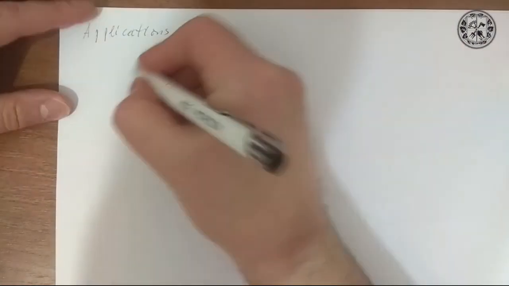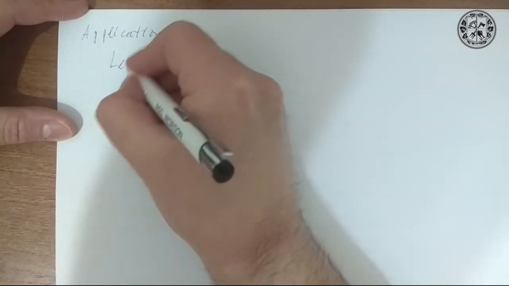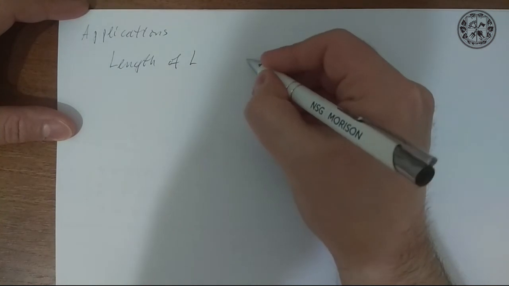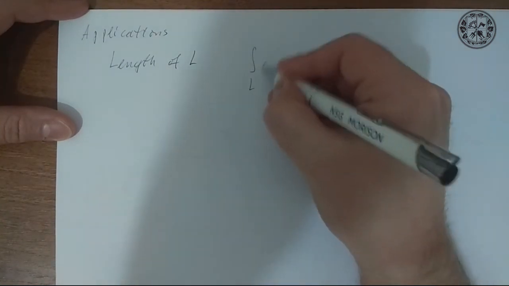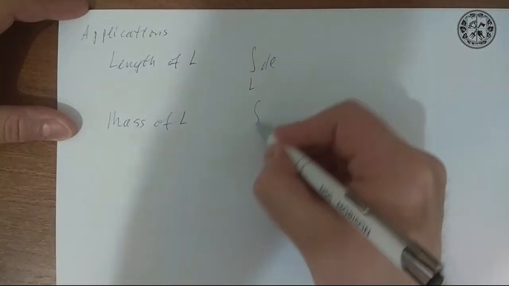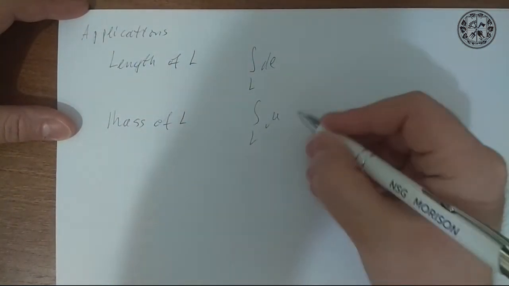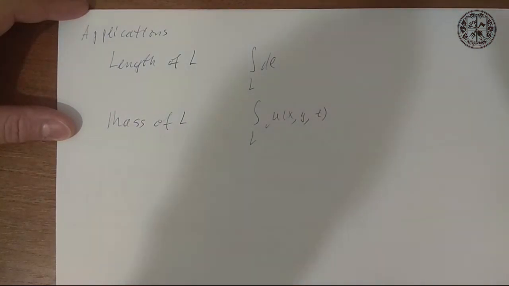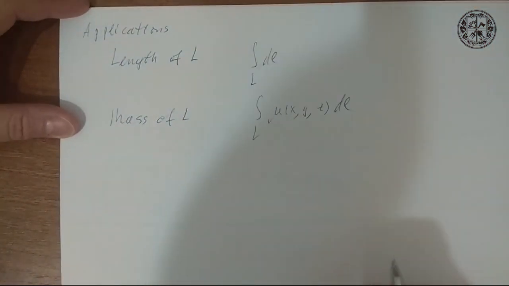Applications of line integral of first kind. We can find length of L. It's just integral over L of dl. We can find mass of L, integral over L of density dl.